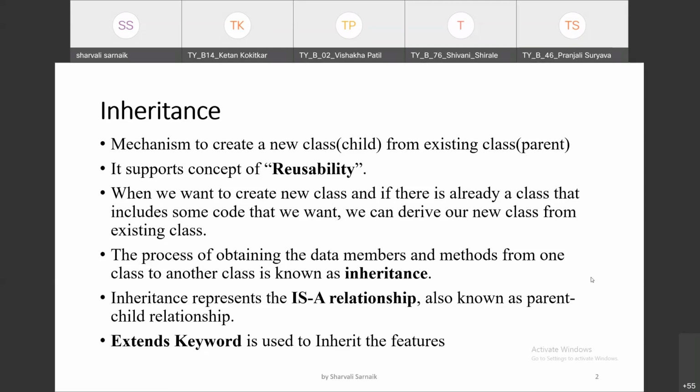If you want to take something from a parent class into a child class, then compulsorily we have to use the keyword extends. So this is the basic concept of inheritance.